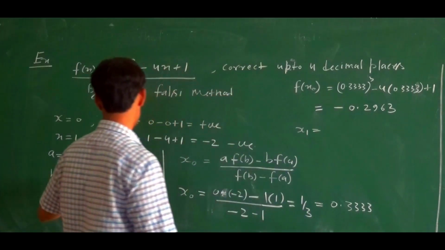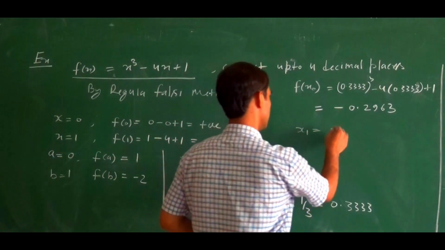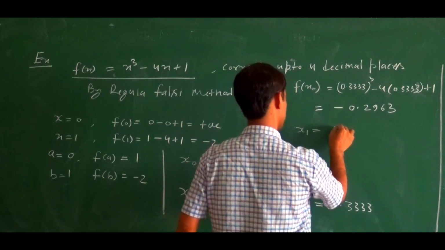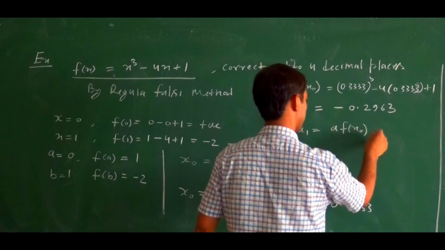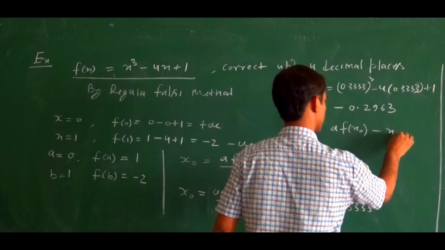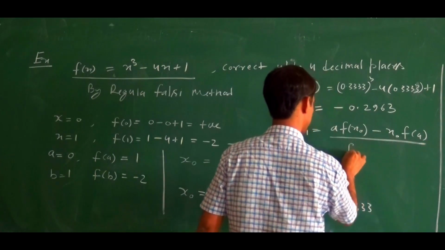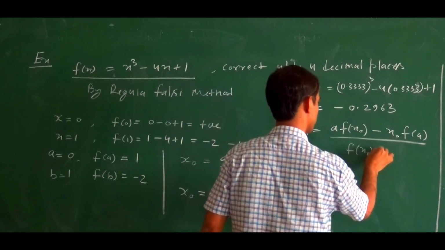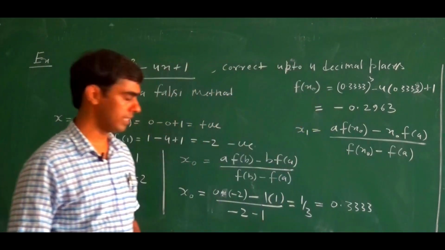We interchange b by x0, so this becomes a f of x0 minus x0 f of a divided by f of x0 minus f of a.